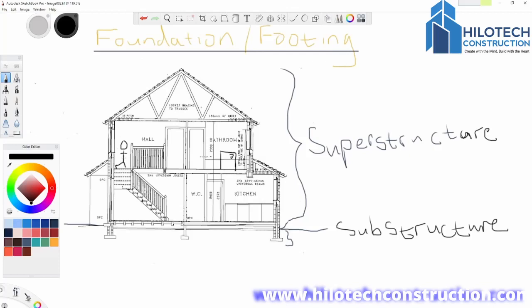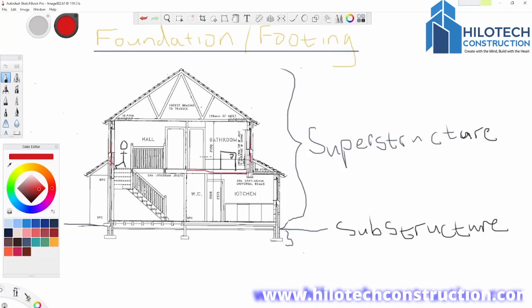Now, of course, in the superstructure, you are going to have people, you have appliances in the building, and all that. And when all the activities are taking place, you have load that is being transferred in this building. You have the live load. You have the self weight of the building itself that is always there.